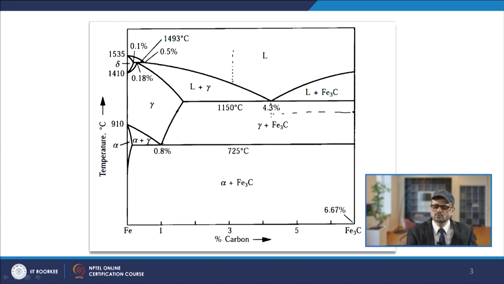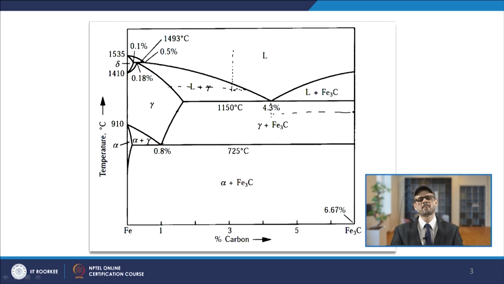Now, as you see, if you are coming to any composition at this point, when you come to any temperature below this, you will have gamma of this composition, and you will have liquid of this composition, because this is touching that liquidus line here. And as per the lever rule, the liquid percentage will be as per the fraction of this by whole, and the gamma percentage will be by this by whole.